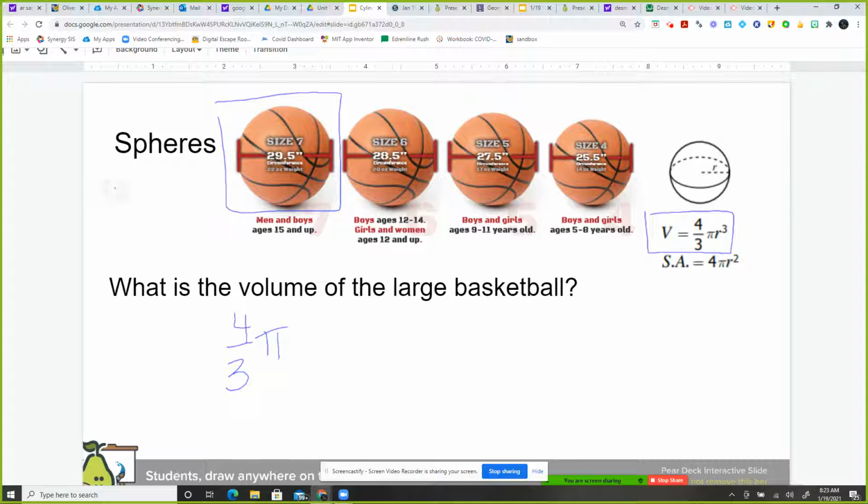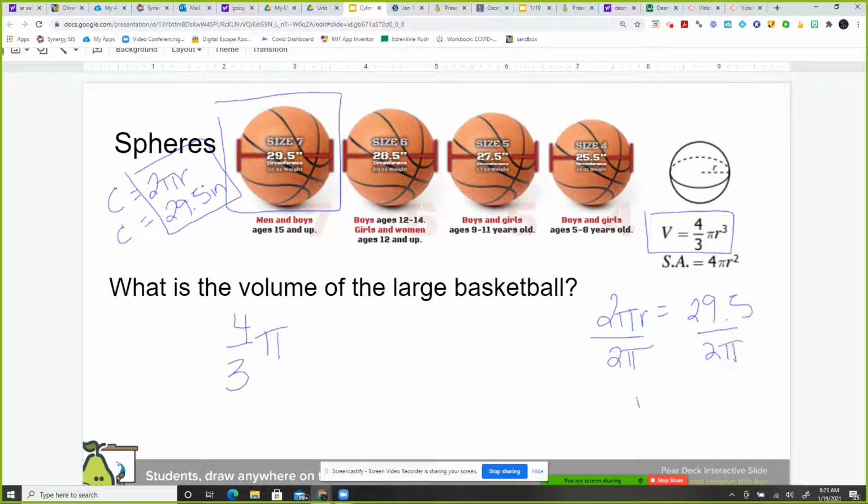If circumference equals 2 pi r, and circumference equals 29.5 inches, can I set these two things equal to each other? So 2 pi times the radius equals 29.5. And then divide by 2 pi and divide by 2 pi in order to find r. How do we feel about that algebra? 29.5 divided by 2 divided by 3.14 is what?